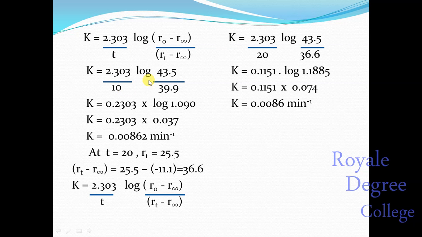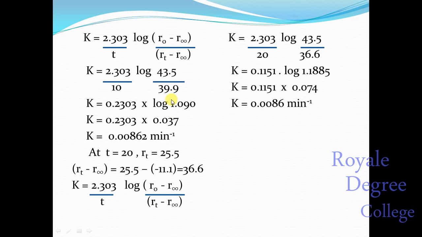Here we are taking log of R naught minus R infinity, which just now we got as 43.5, divided by RT minus R infinity, the value at the time 10 minutes, which we got just now, that is 39.9, isn't it? We are dividing these values, and 2.303 by 10 gives 0.2303, into log of this value we are dividing, so we will get 1.090.